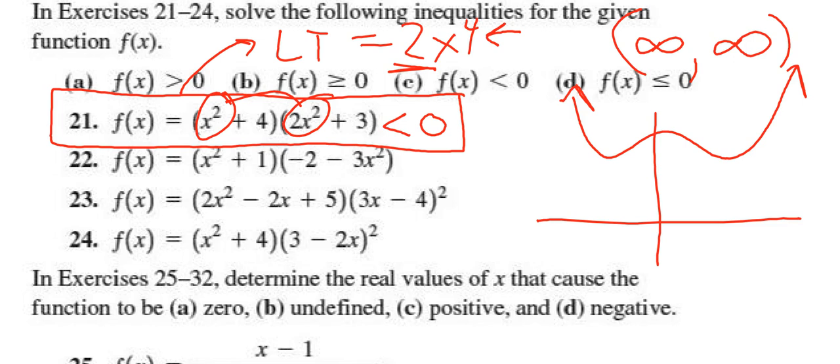Answer the question. When is that polynomial less than 0? Never. What if I flipped it around and said greater than 0? I know the word you're going to use is always, but specifically negative infinity to infinity, right? Obviously, if there's no solution, you can write no solution, which is the case here.